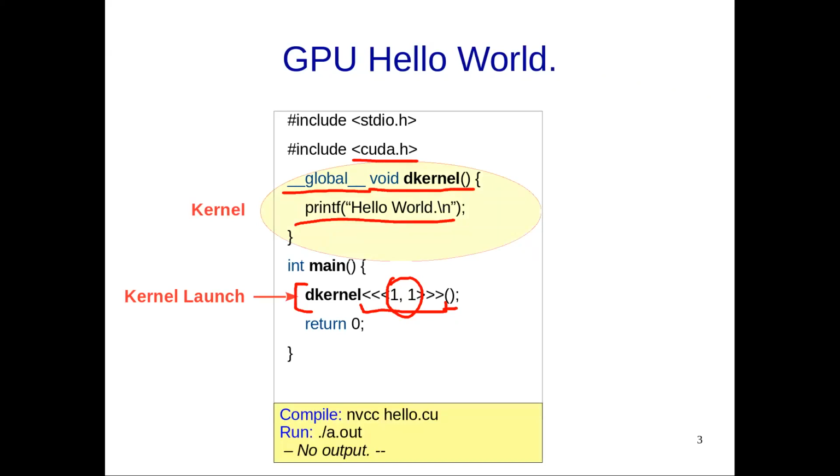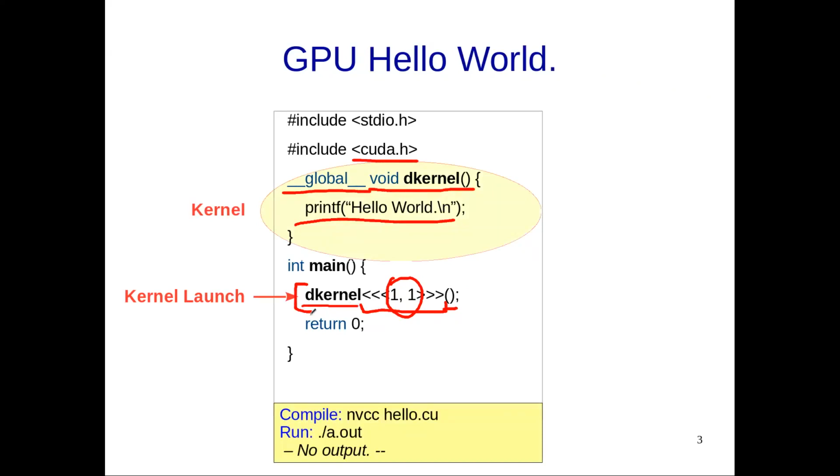But when I run it, I don't get any error, and I don't get any hello world printed. That happens because when the kernel gets invoked, unlike our usual functions that we call from C, this is not blocking. What does that mean?